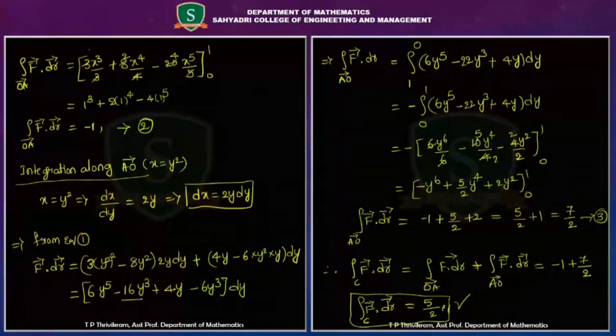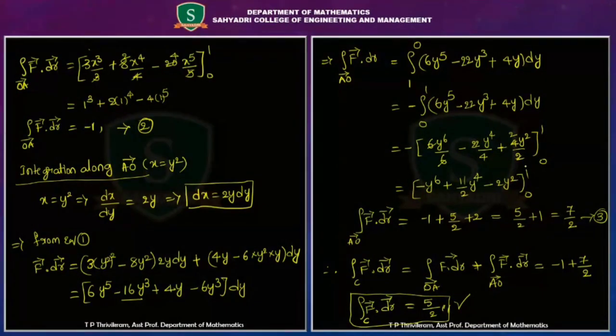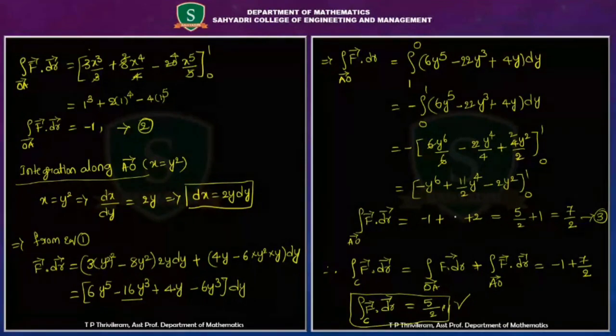So here I have to write 22 by 4, this is plus. So here you'll get 11 by 2. This also minus, so whenever you multiply with minus, this will become plus. So you'll get 11 by 2 minus 2, so you'll get minus 3.